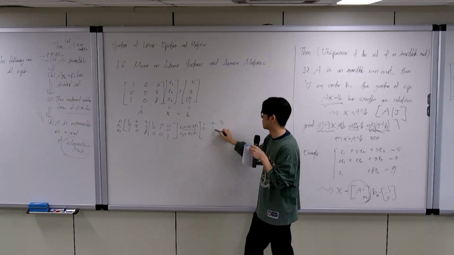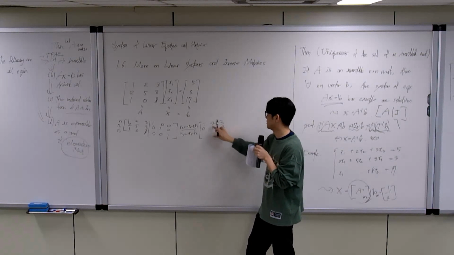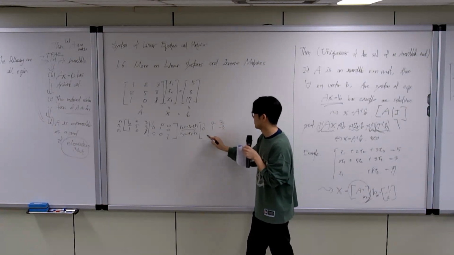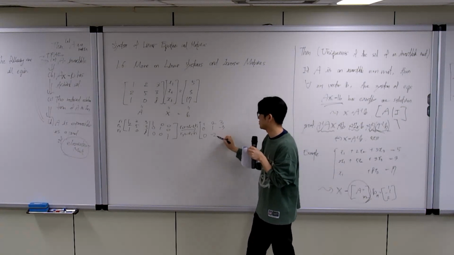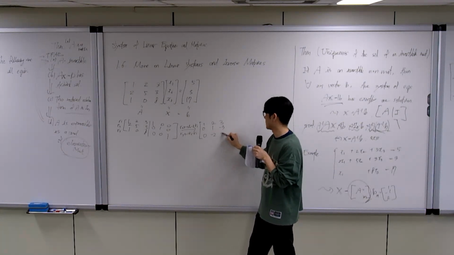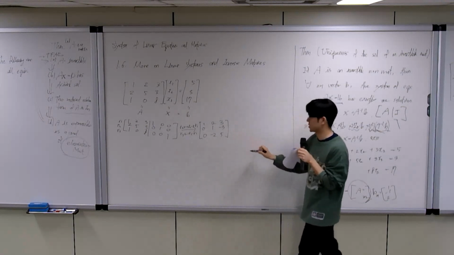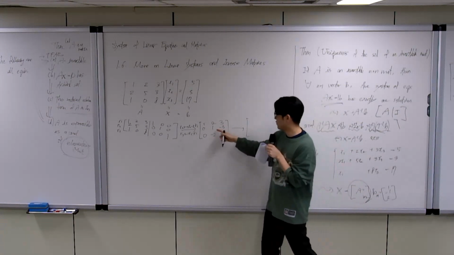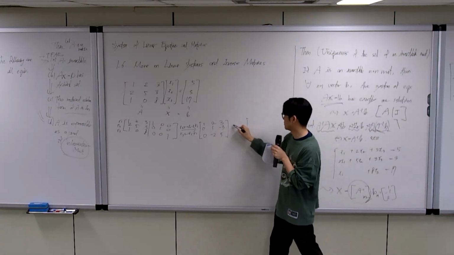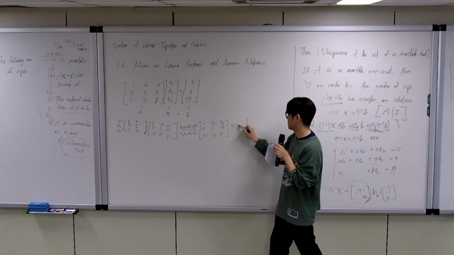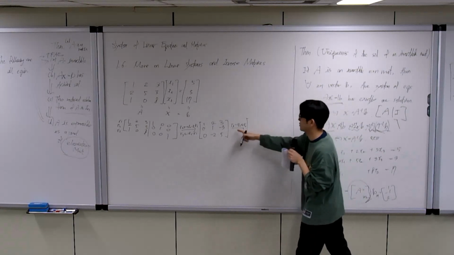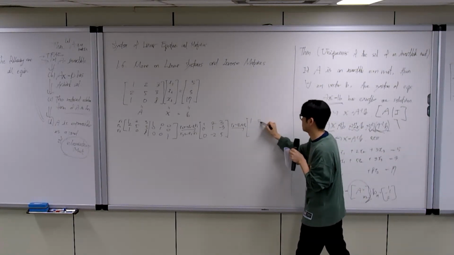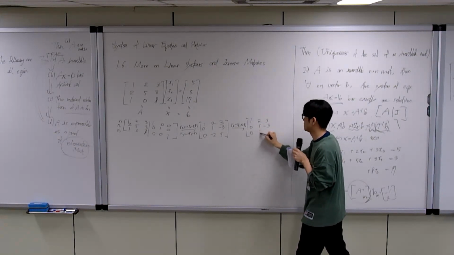0, 1, minus 3, 0, minus 2, 5. If I am wrong, then please notice it to me. And I will calculate the second and third rows by adding 2 R2 to R3, 0, 0.